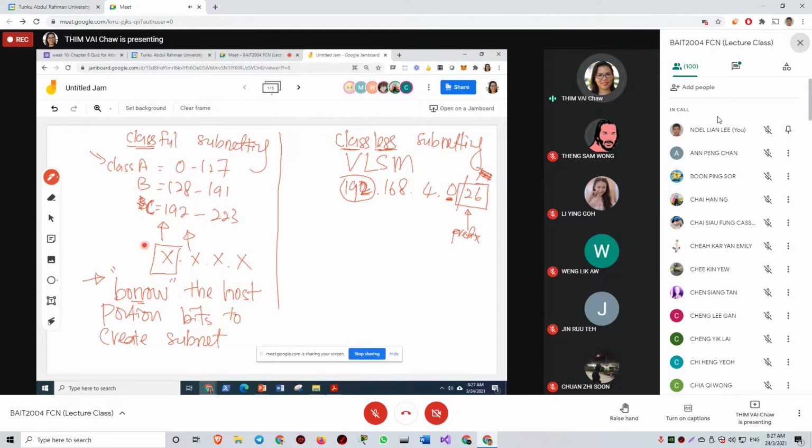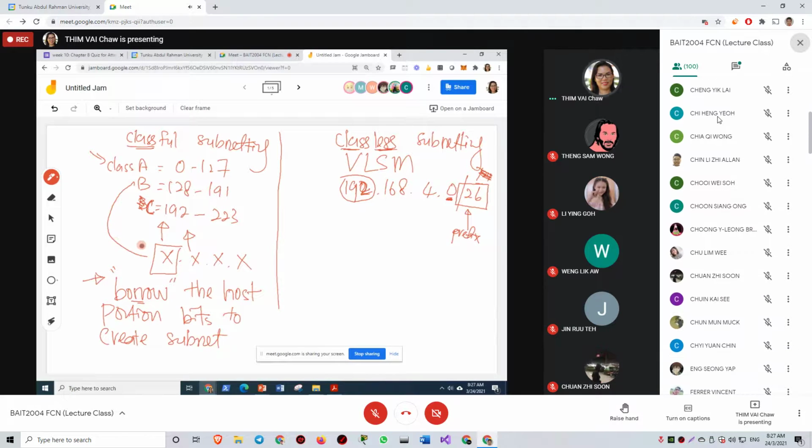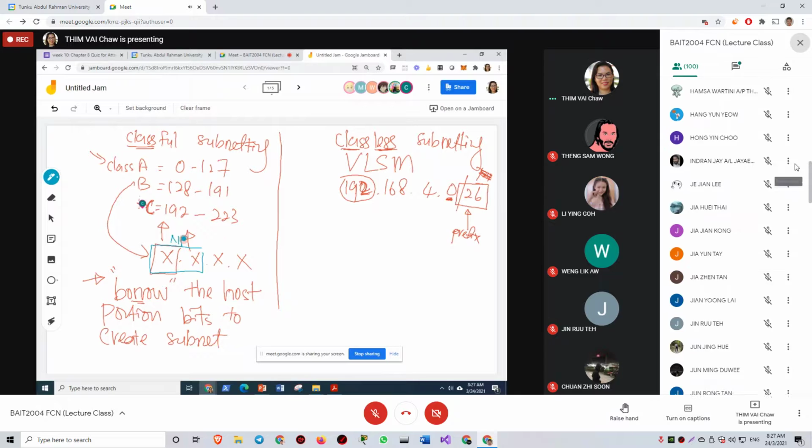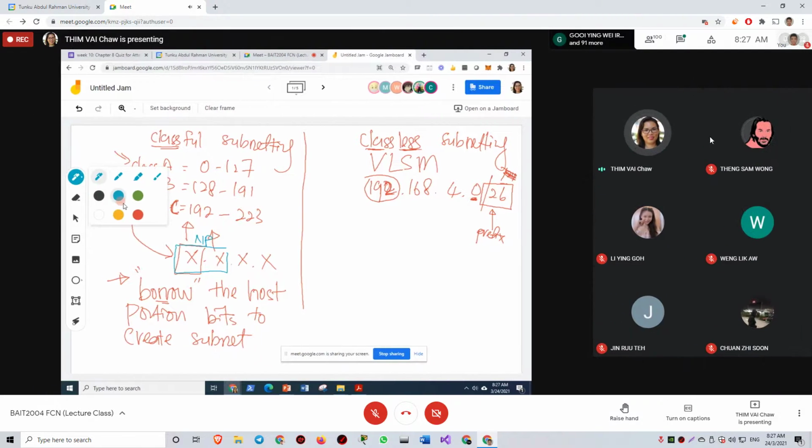That's why I mentioned your class B. If this is a class B, you have 2 bytes belonging to the network portion, and you only have 2 bytes for the host portion. You need to think about borrowing.